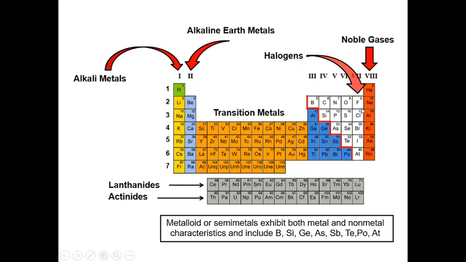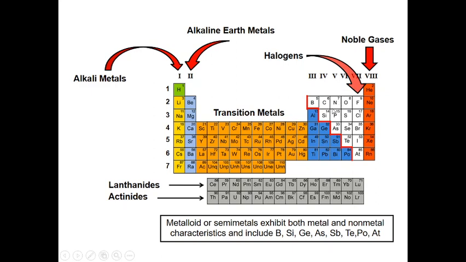Usually in any periodic table, you will also find a zigzag line like the red line showing on the screen. What this line does is it's the borderline between metals and non-metals. So all of these elements, including transition metals, the alkali metals, alkaline earth metals, even these blue ones, are all metals.